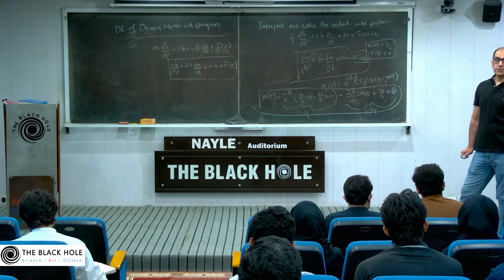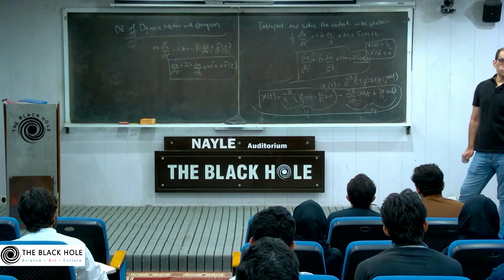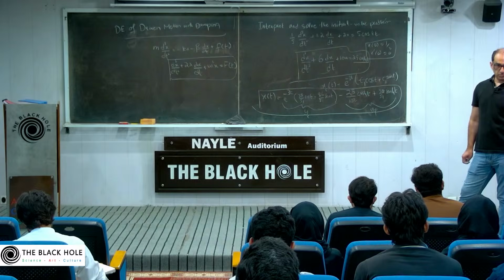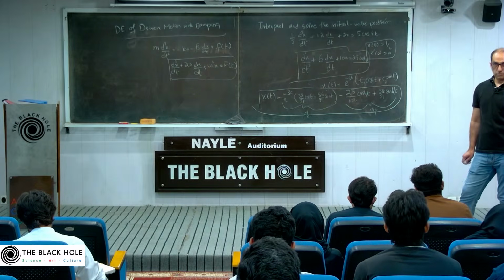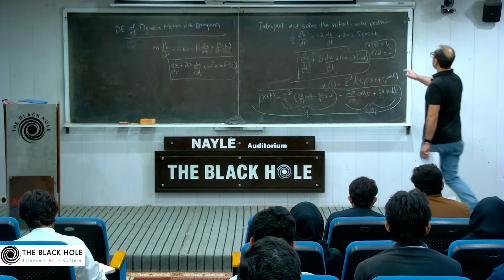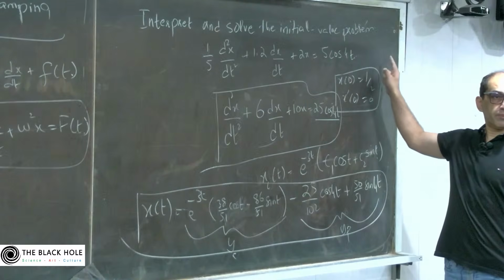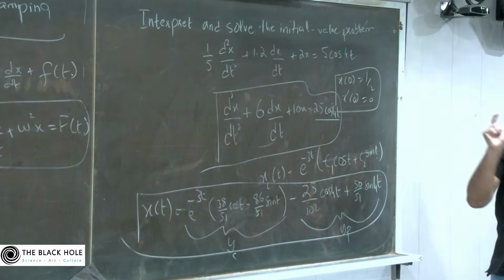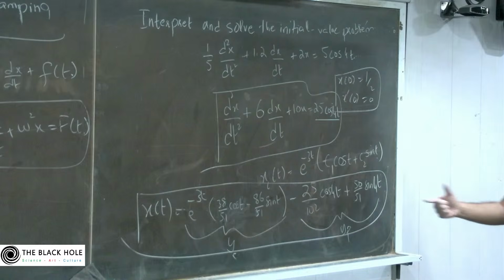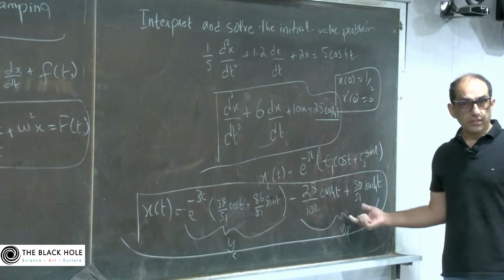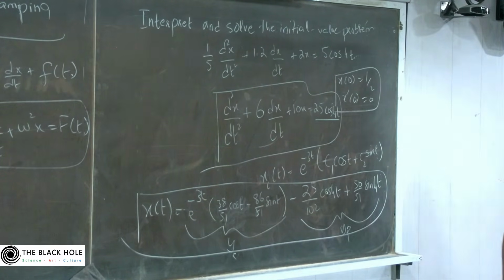Your forcing term is independent of the initial value problem. Because you will write down a cosine of 4t plus b sine of 4t, you will find out the a's and b's and plug them in here. They have absolutely no relation with the initial value problem.